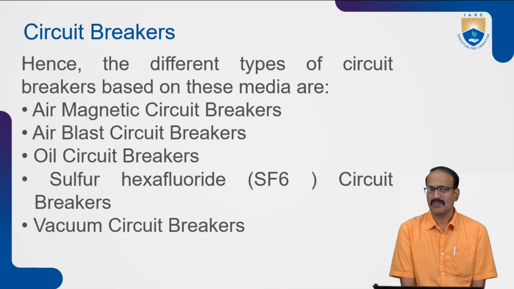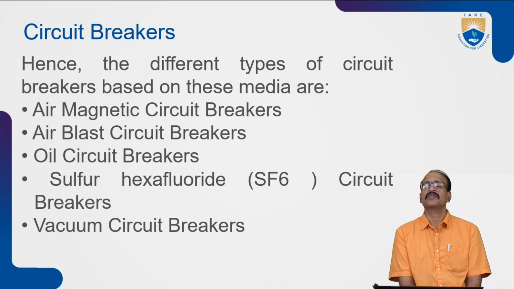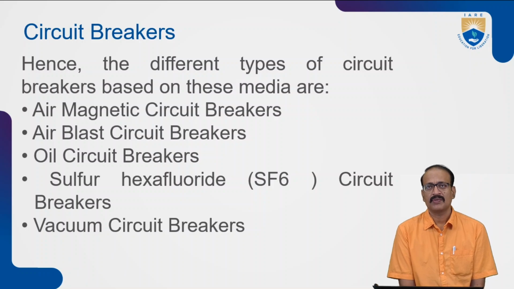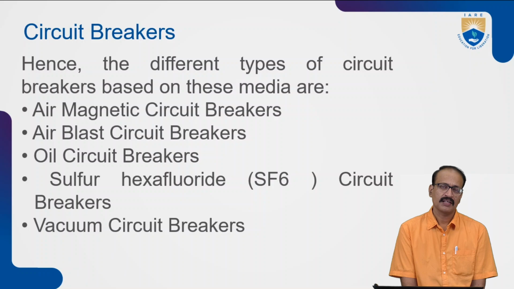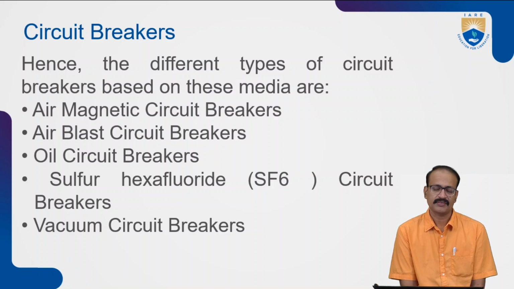In normal conditions they are closed, and when an abnormal condition occurs, they get separated mechanically due to some mechanism, by the energizing of a coil which separates these contacts.